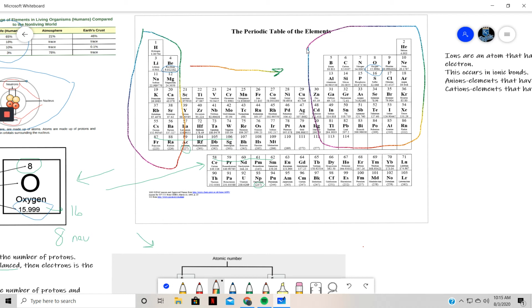Now, the mass number you would think also would be in order, and for the most part it is, but there are some instances, and let's find one here, where the one to the right does not have a larger mass number. And of course, if I was a chemistry teacher, I would know this directly, but we can find one in here.